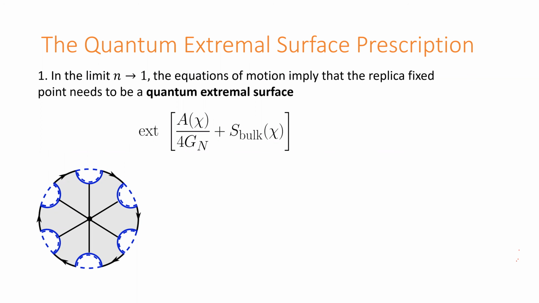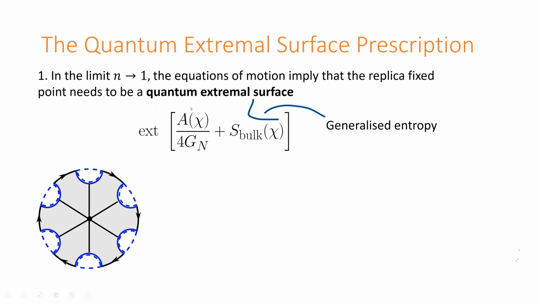Okay, so let's understand what the story is. I'll just state it. I won't derive it that well. But basically what happens is that you can show in this limit where n gets very close to 1, that the replica fixed point needs to be what's called a quantum extremal surface. So what is that? It's an extremum of this quantity in the square brackets called generalized entropy.